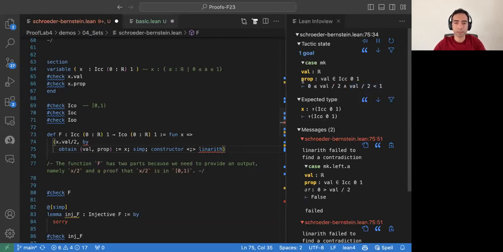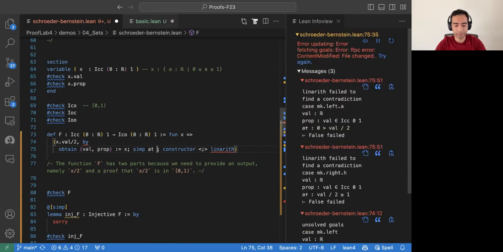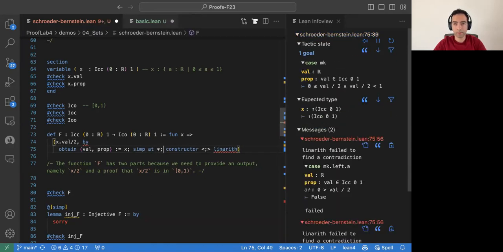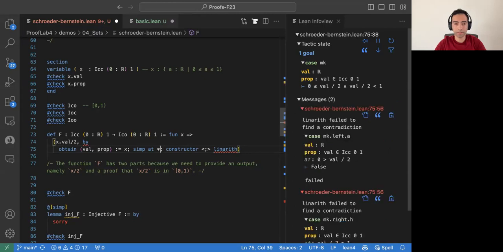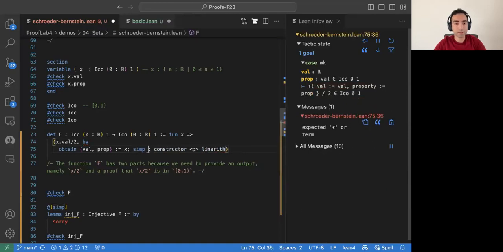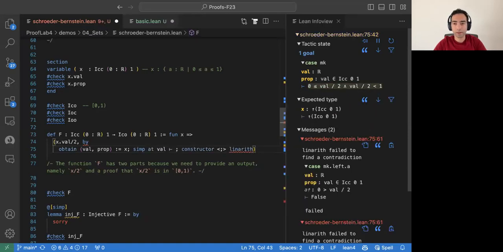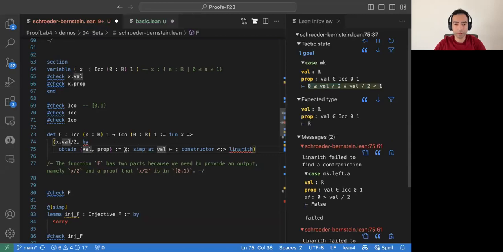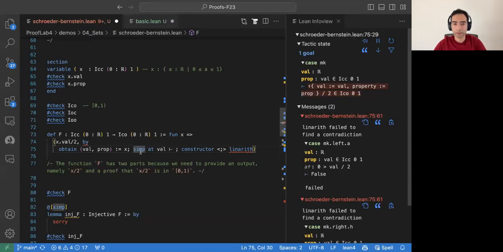What if I also wanted to simplify here, like simplify this expression? Well, I would simplify it everywhere. Well, that didn't do much, actually. That didn't help. And now my proof doesn't work. So let me go back to see what we had before this.